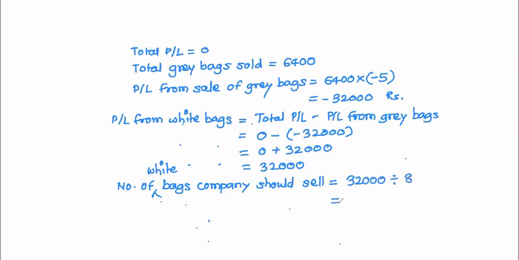Because total divided by per bag is going to give you the total number of bags. So 8 fours are 32, it gives me 4,000. Therefore, company must sell 4,000 white bags.